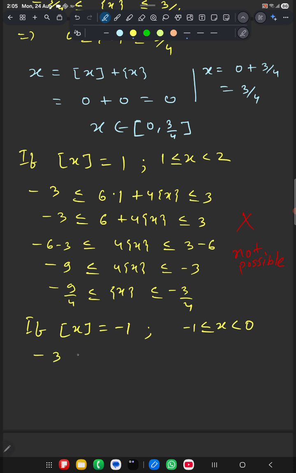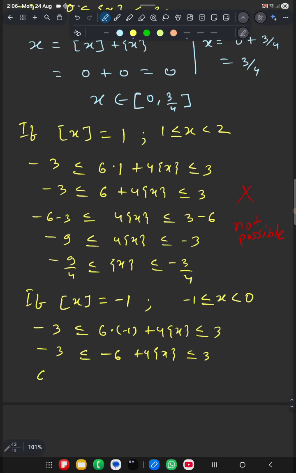So using the above inequality, -3 ≤ 6 × (-1) + 4{x} ≤ 3. So this time, -6 becomes +6 on the other side: 6 - 3 ≤ 4{x} ≤ 3 + 6.